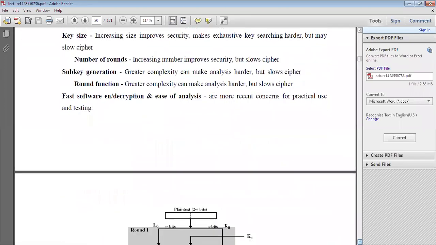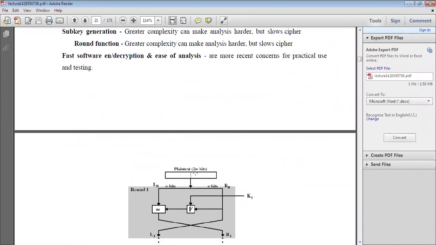See here, this is the entire plain text, which you divide into two parts, left and right, each of W bits. For example, with 64 bits you take 32 on one side and the other 32 on the other side.